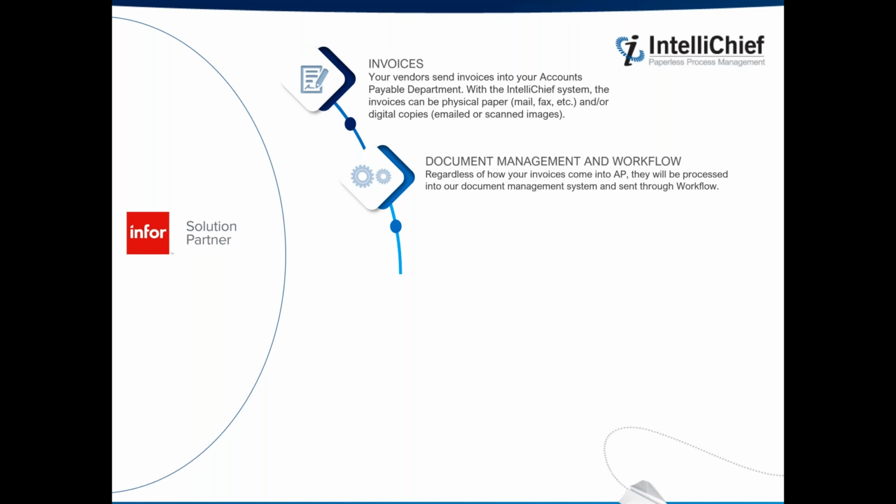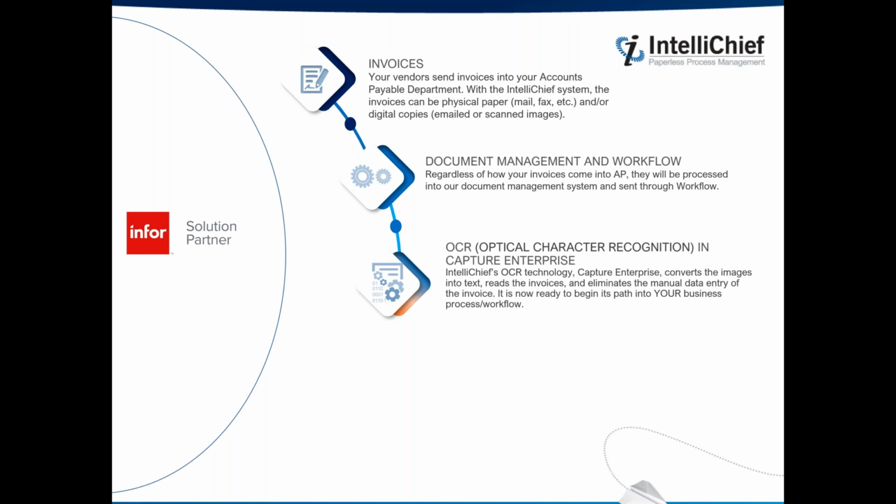It comes in and we put it right into workflow. If it's a physical piece of paper someone has to open in the mail, I've got to get that into a digital format, so someone's going to have to scan that document. That's why folks are moving away from scanning altogether and trying to get vendors to email things in. But we don't care however you want to do it.